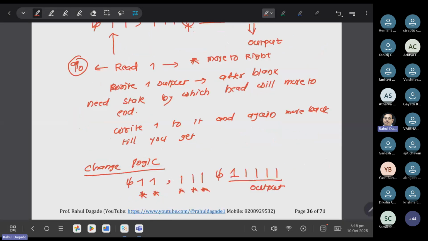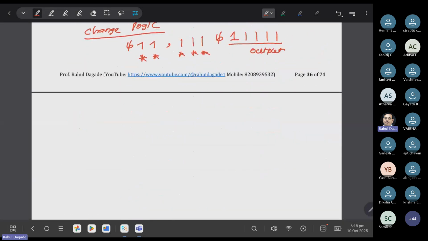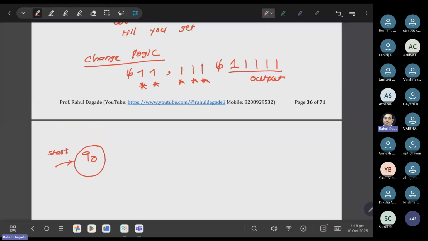Okay, so Q0 state is the initial state, so start. Here what it is doing is converting 1 into star and going into the Q1 state. So we have a Q1 state.